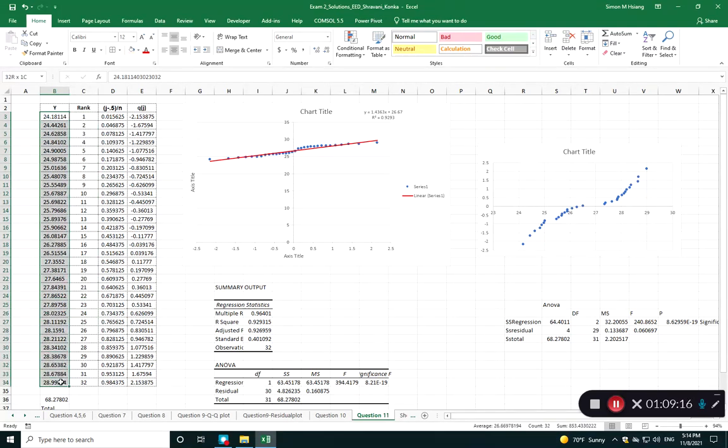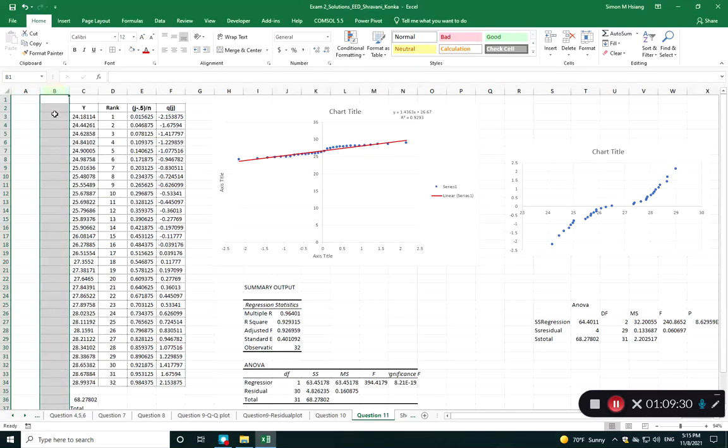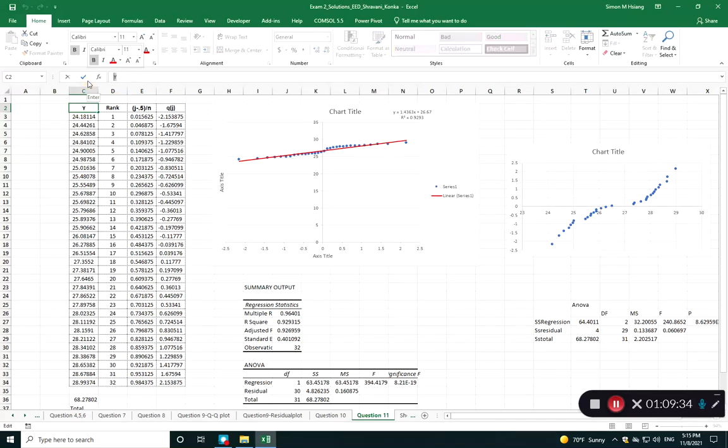Okay, people, first you find your error term. Let me create a couple more columns. So this is your residual, and where is your residual coming from?